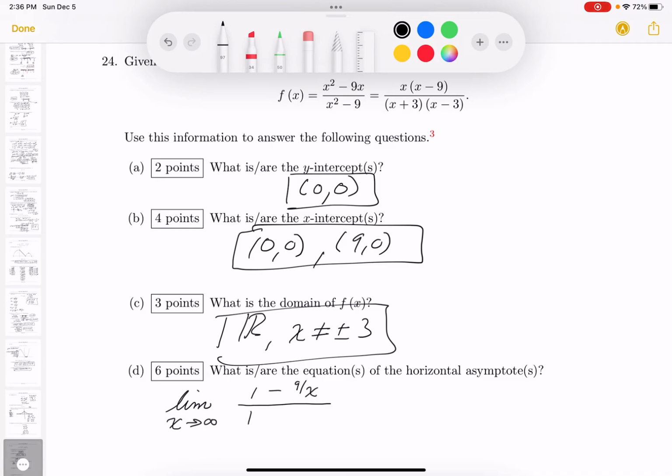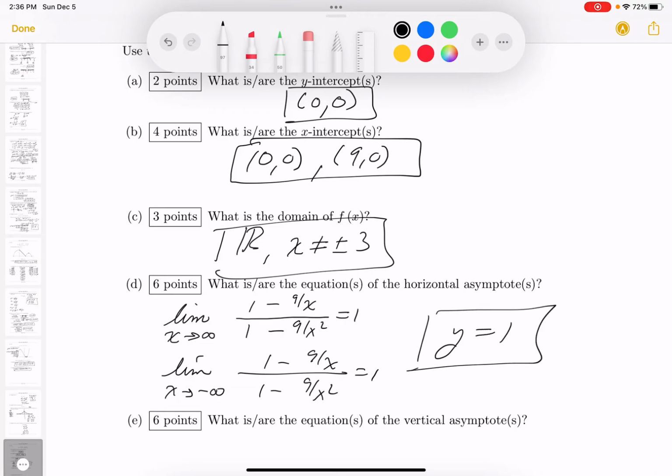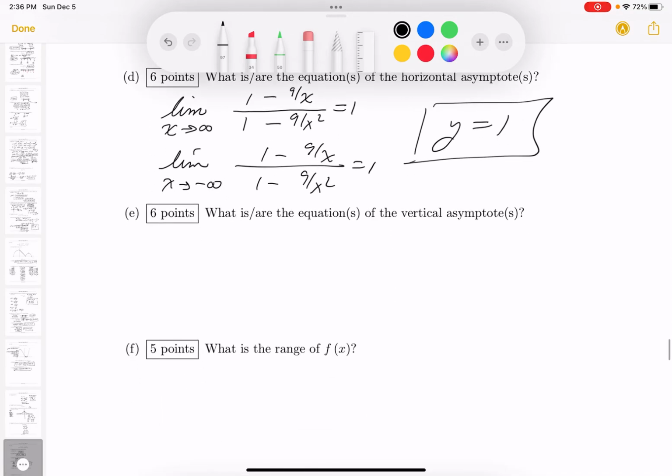On bottom, you get 1 minus 9 over x squared. And that would equal 1. That's a definite indicator of a horizontal asymptote, by the way. We also should go to minus infinity. So what's the horizontal asymptote? y equals 1.